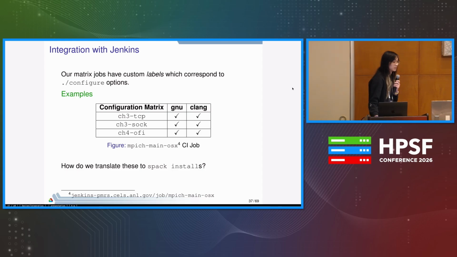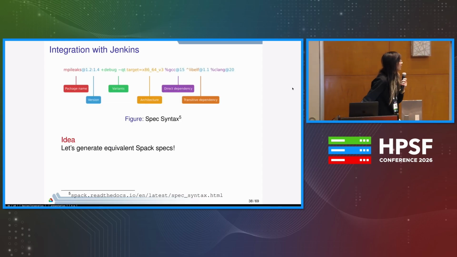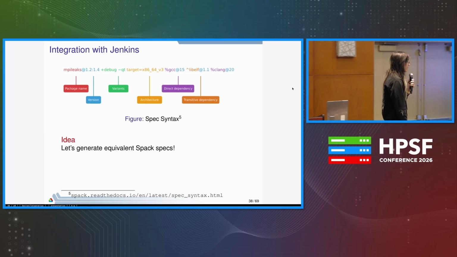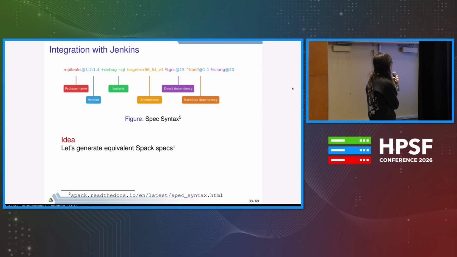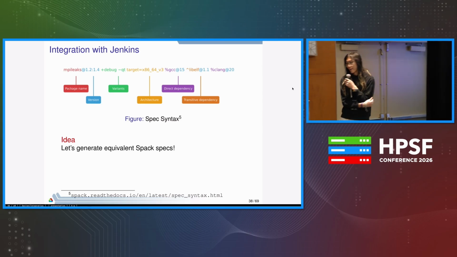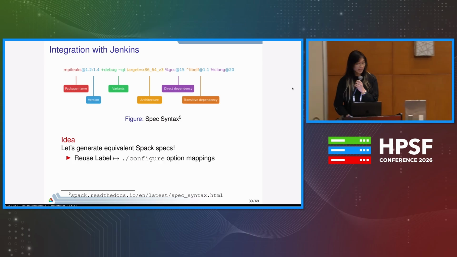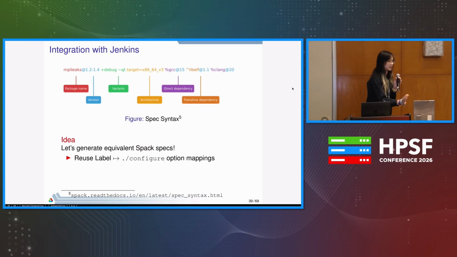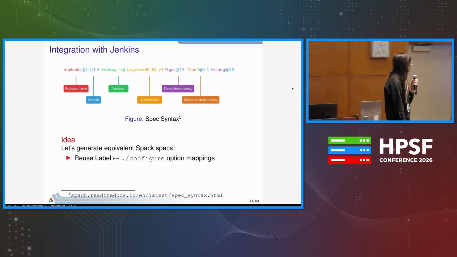It's not too obvious. Well, we can generate equivalent Spack specs, if you think about it, with these labels. We already have a mapping between the labels and the configure options just from our existing test suite harness, which is convenient.